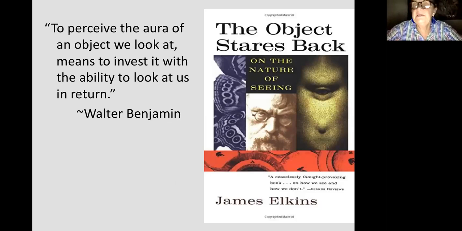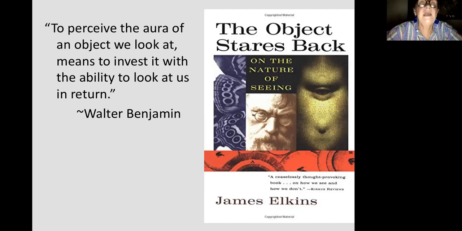One more Benjamin statement. He said, to perceive the aura of an object we look at means to invest it with the ability to look at us in return. James Elkins, a very well-known art writer alive today, published a book called The Object Stares Back.